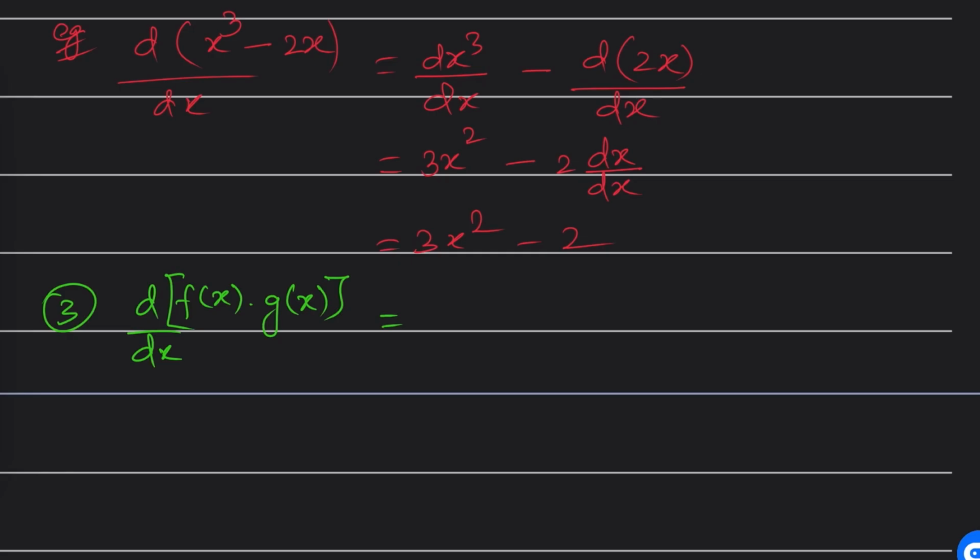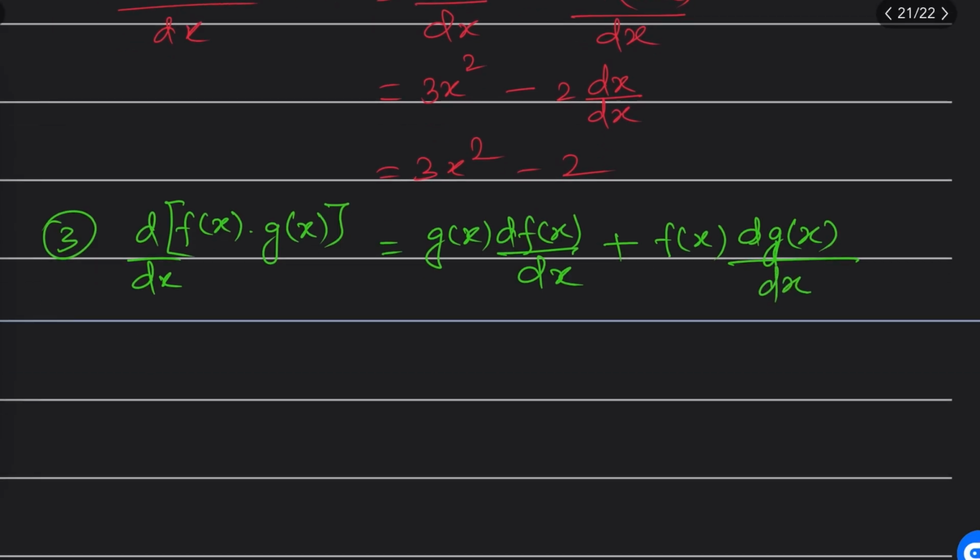The rule says, keep in mind, this is very important, keep the second function, g(x), as it is. Now differentiate the first function, differentiation of f(x) with respect to x, plus, because it is multiplied, I will write plus in between. Now you keep f(x) as it is. Now you differentiate g(x), the second function, with respect to x. This is the rule.